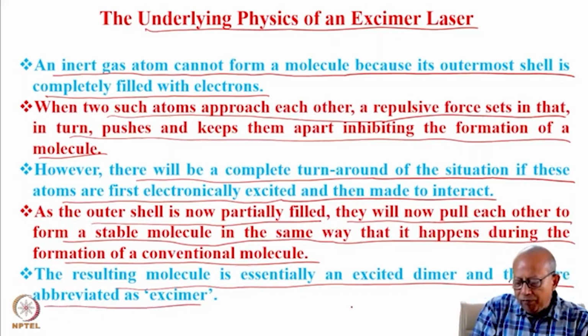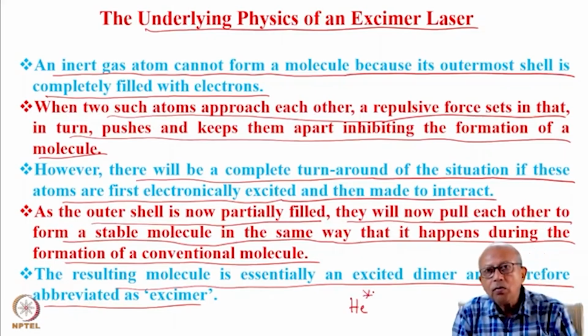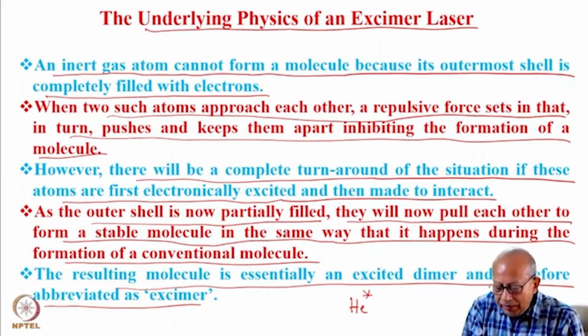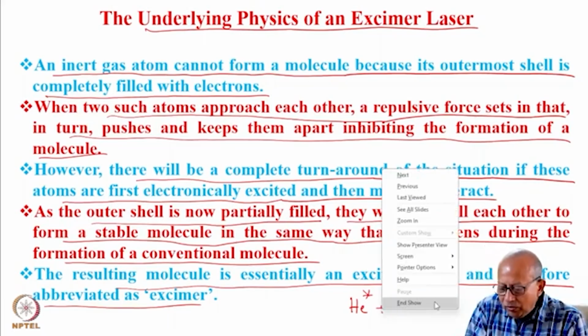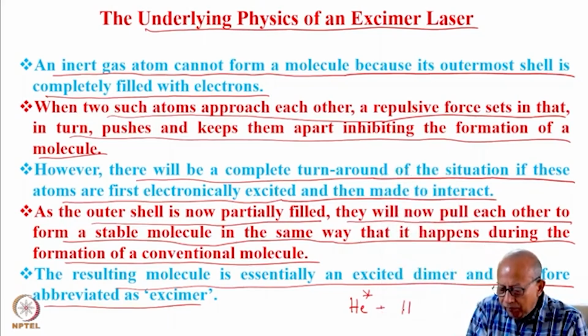See, if you have, say, helium, you have excited helium. So it is now chemically active and it combines with another excited helium atom. So two identical helium atoms, when they combine, will form a helium molecule in the excited state.